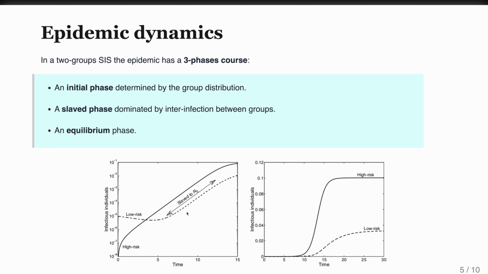It happens that the smaller number of people in the high-risk group who get infected are able by themselves to carry on the epidemic in the whole population by also infecting the people in the low-risk group. This is the so-called slaved phase of the epidemic. Eventually, we reach an equilibrium phase, which is stable, since there is no immunity for this infection.